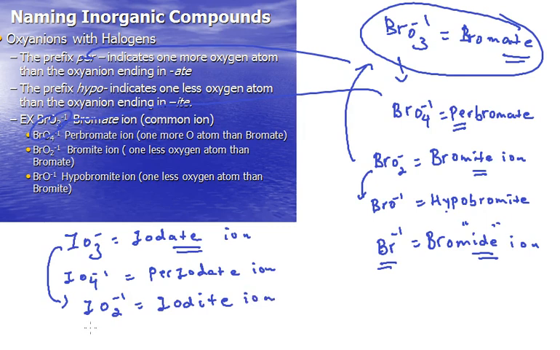And if I take away 1 less oxygen than the iodite, it becomes IO minus. It's becoming hypoiodite. Okay, and finally, if I have just I by itself, it's going to be the iodide ion.